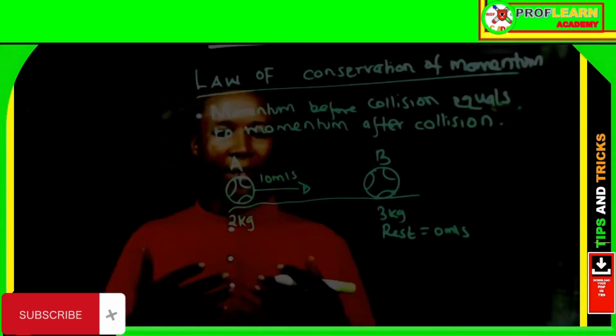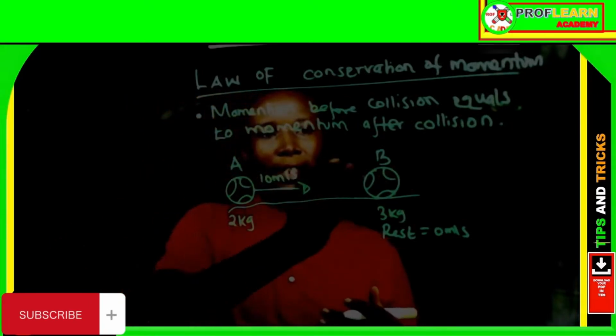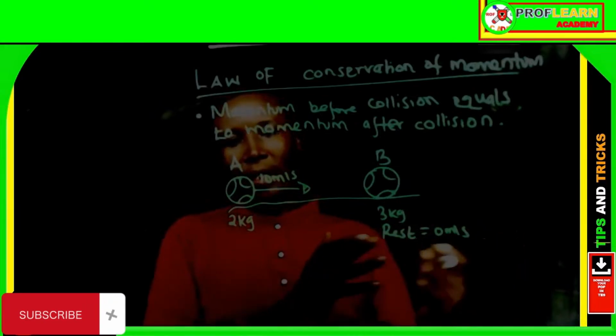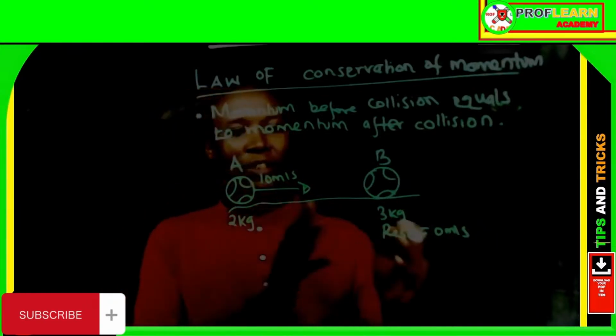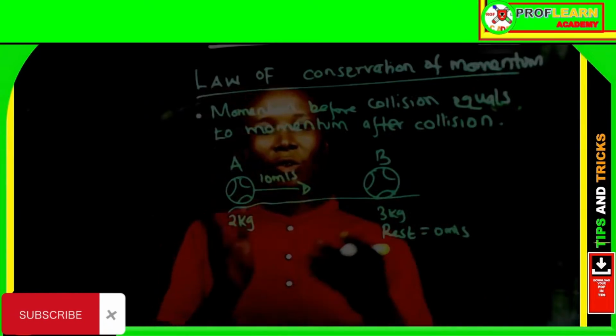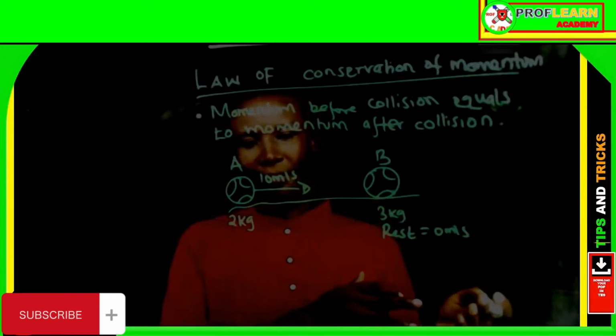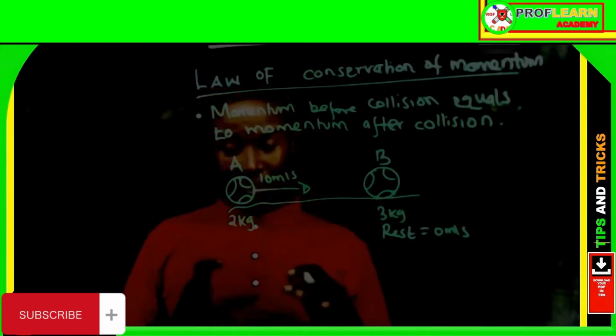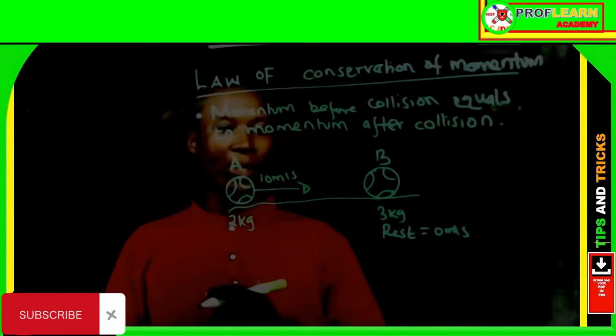But what will happen after A hits B is that B will start moving also. The momentum of A will be transferred to B, and now B will start moving, and also A will continue moving. Now, some of the questions that we are given are in IGCSE, and we are expected to answer them.